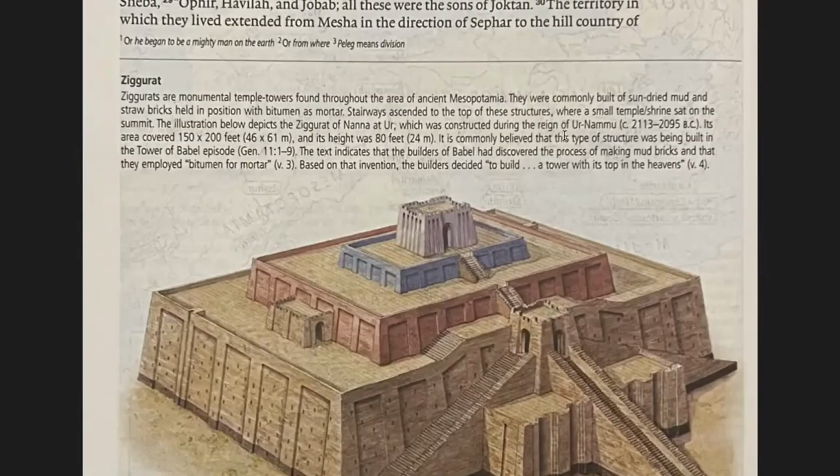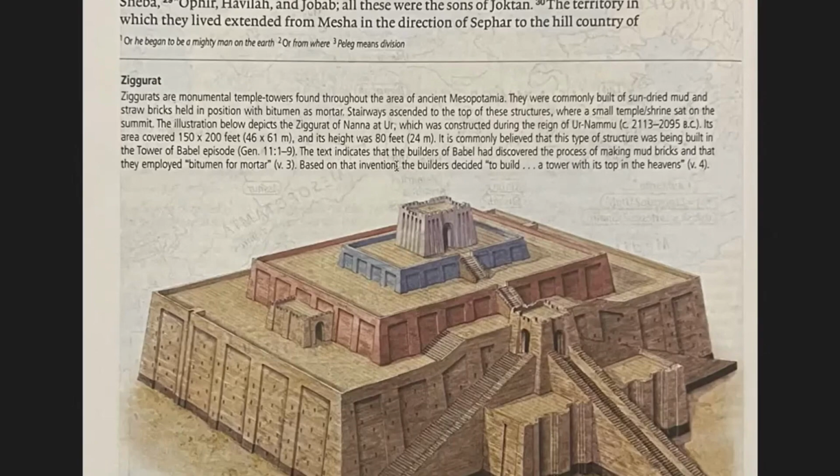It is commonly believed that this type of structure was being built in the Tower of Babel episode, Genesis 11:1-9. The text indicates that the builders of Babel had discovered the process of making mud bricks and that they employed bitumen for mortar, verse 3.